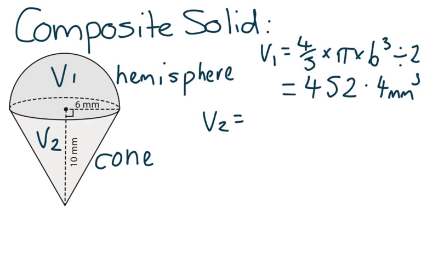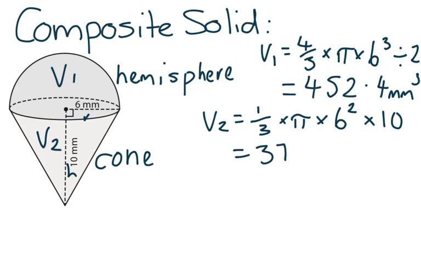We check that we've got the radius and the height for the cone, because that's what we need. It would be 1/3 times pi times the radius squared times the height. And to 1 decimal place, we would end up with 377.0 millimeters cubed.